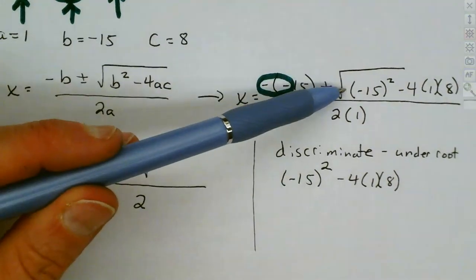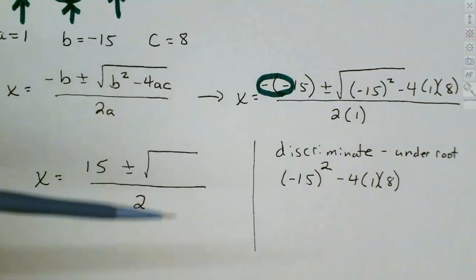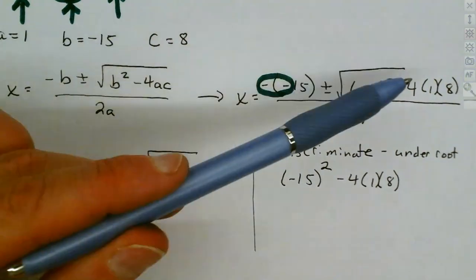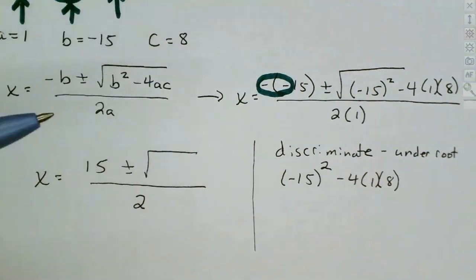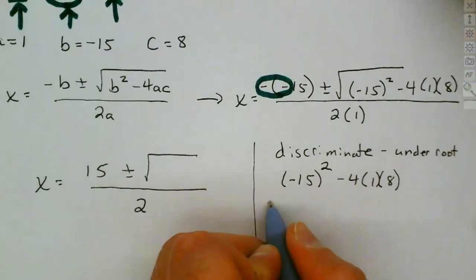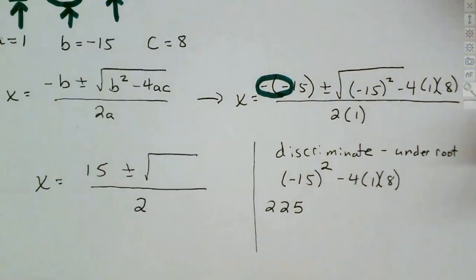Now, I look at my discriminant and I do it separately. So the discriminant is what's underneath that square root. So we've got now a minus 15 quantity squared. We've got a minus 4 times 1 times 8. Be careful with your signs. What happens when I square a negative number? It becomes positive. So negative 15 squared, that would then be a positive 225.